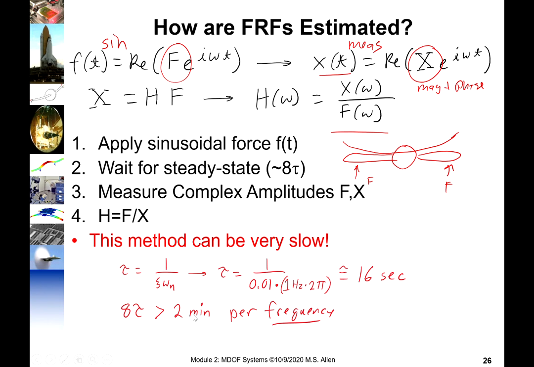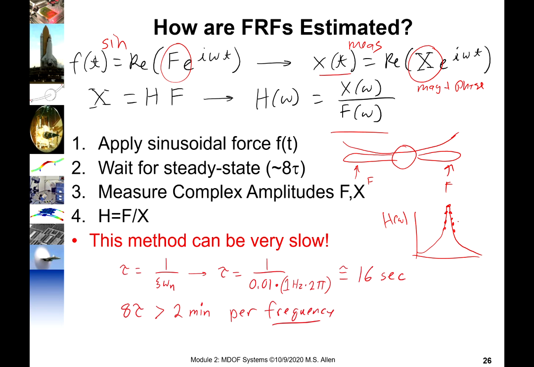And all of that gives us only one frequency. So if we're trying to measure the transfer function at many frequencies around a resonance, we need to multiply those 2 minutes by all of the different points you want to measure. And so this approach just tends to be expensive in terms of time, resources.